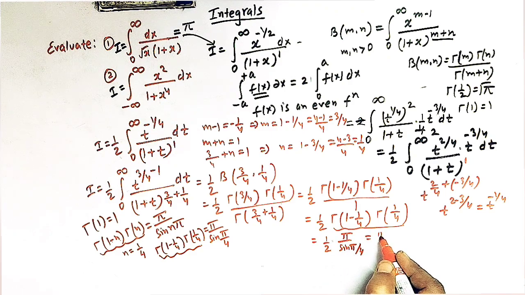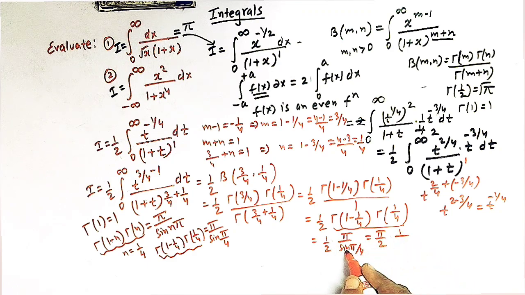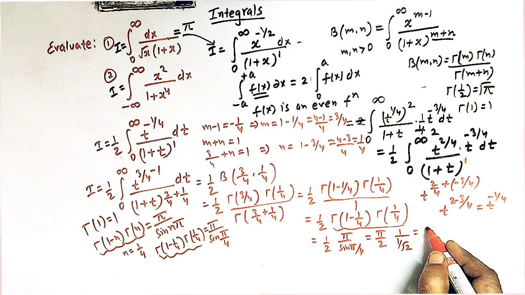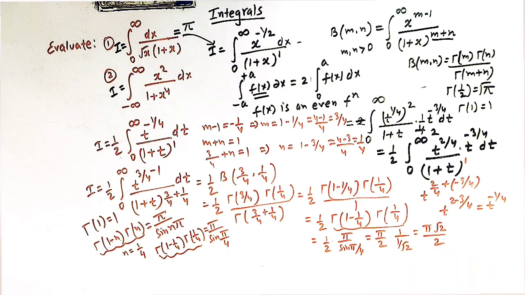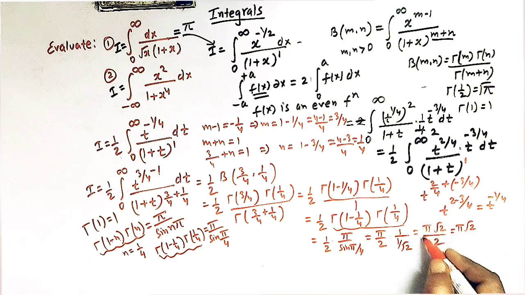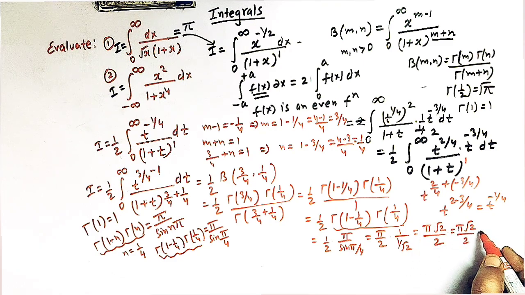So now we have pi over 2, and then sine 45 degrees is 1 over square root of 2. Now taking square root of 2 to the numerator, we have pi root 2 over 2, right? We can also write this expression by multiplying the numerator and denominator by root 2.